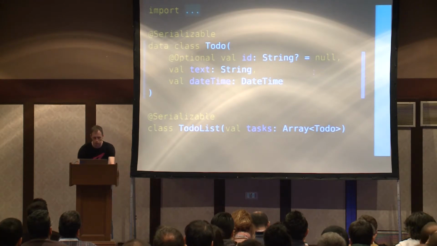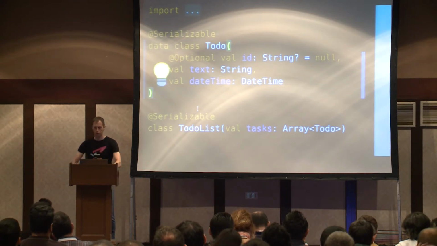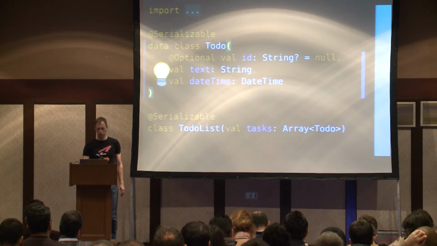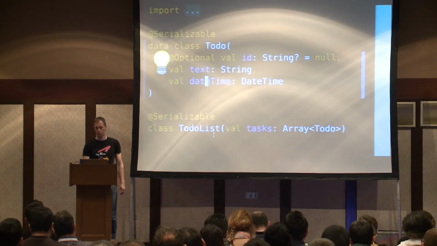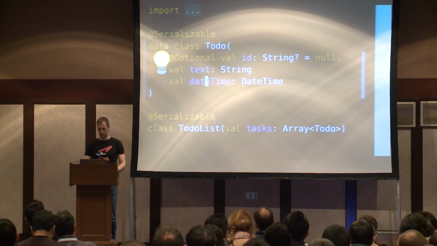I hope you can see it. So we have a class for storing our to-dos. They will have an ID, a text, and a date time when they were added. And we will put them into a high-level structure of the to-do list.